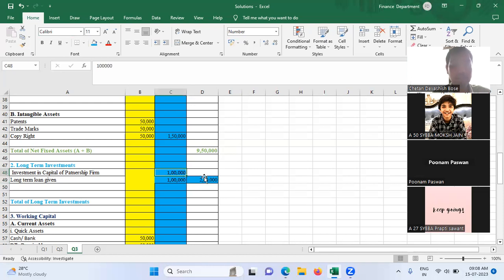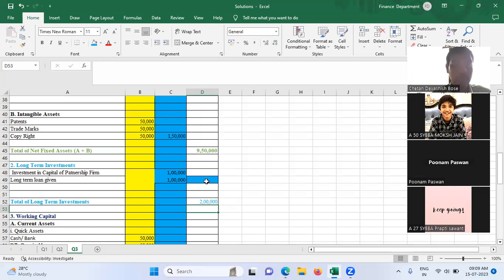The total has to go at the end. तो इसका जो भी total है, we have a separate column for that to write here the long-term investment का total, which is how much? 2 lakhs.